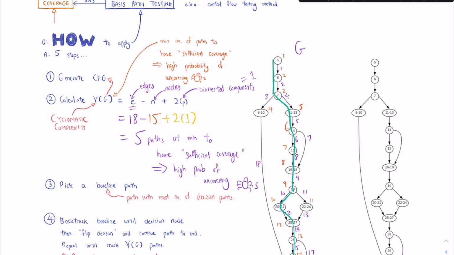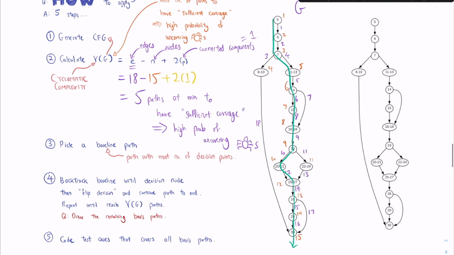After this, you would backtrack the baseline. Again, let's use a different color. So this is now the baseline path. Using this baseline path, we would backtrack until the last decision node, then flip the decision to go the other side and continue the path to the end.